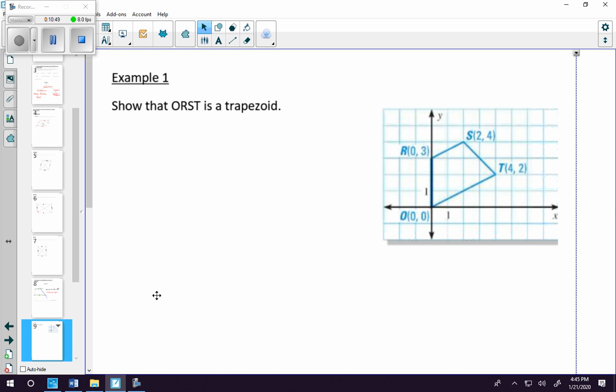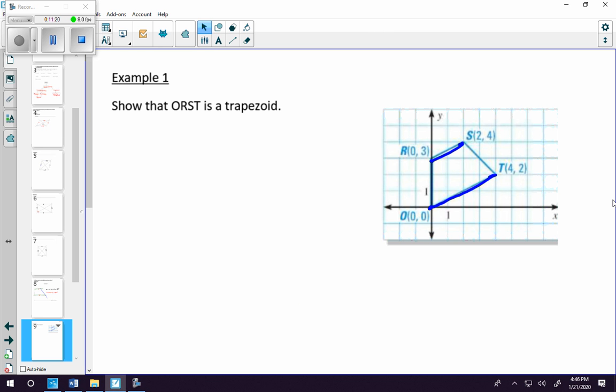Okay, let's put this into play. Example 1 says show that ORST is a trapezoid. Well, the only way to show that ORST is a trapezoid is to show that one pair of opposite sides are parallel. Given this quadrilateral in a two-dimensional coordinate plane, we must try and show that segment RS is parallel to segment OT.